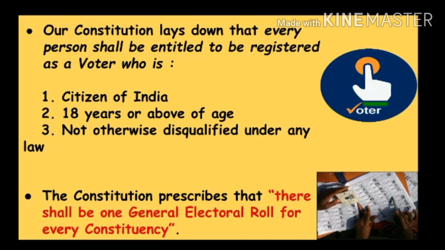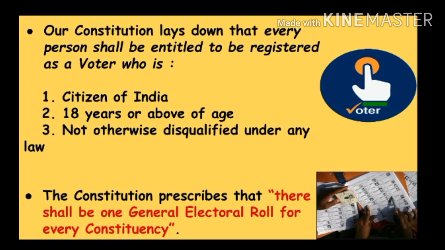It also means that every constituency has its own voting list of registered voters who will elect the candidate for the election. So now you all know what are elections and elections in a democracy.